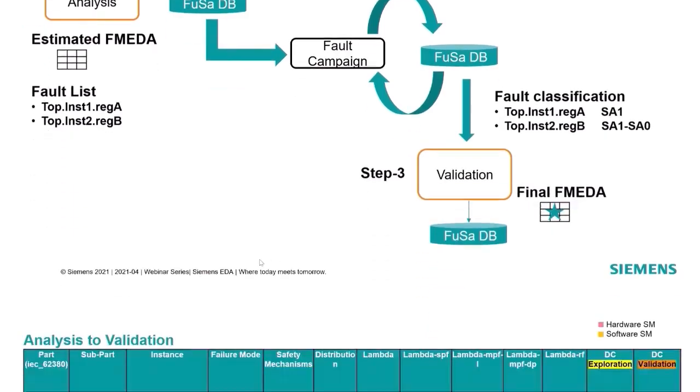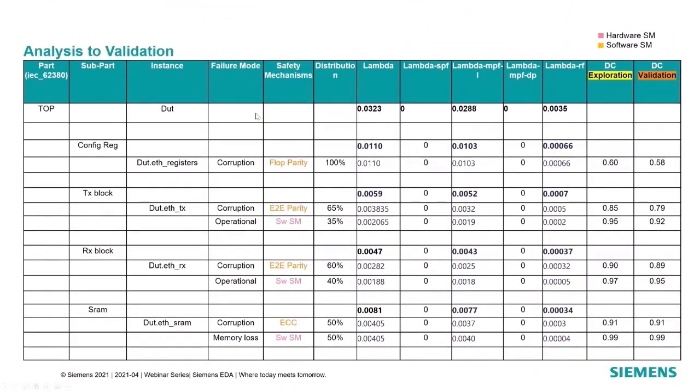Okay, so we already had prepared our exploration FMEDA. This now also shows us the metrics with respect to our validated FMEDA. As you can see, I still have those hardware and software safety mechanisms with respect to those failure modes.